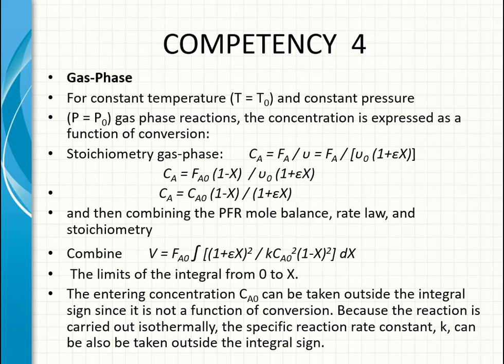And if we combine the mole balance, rate law, and stoichiometry for this PFR, we will get that the volume of the reactor is going to be FA0 times the integral of (1 plus epsilon X) squared divided by k CA0 squared times (1 minus X) squared, with the limit from 0 to X. The entering concentration CA0 can be taken outside the integral since it's not a function of conversion, and because the reaction is at constant temperature, k is going to be out of the integral too.